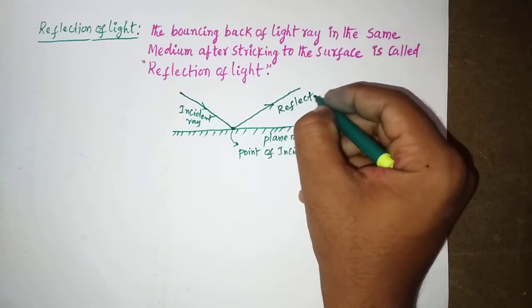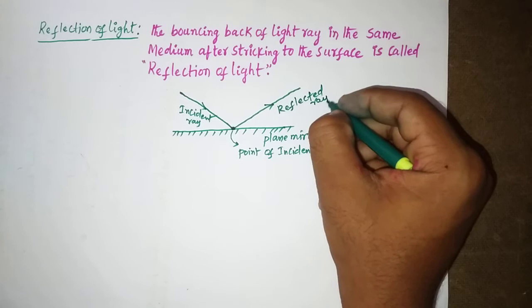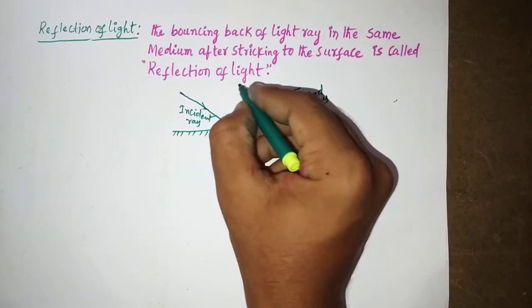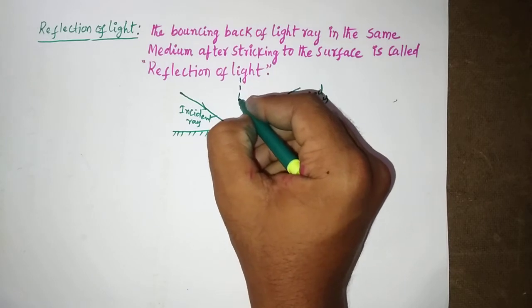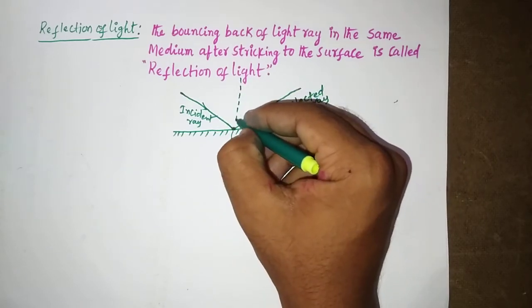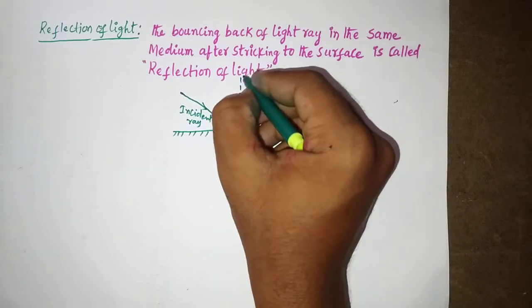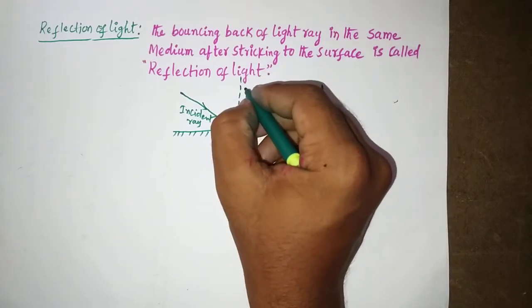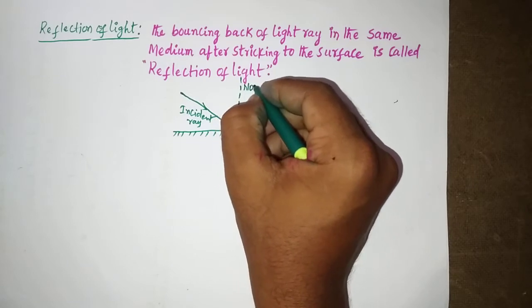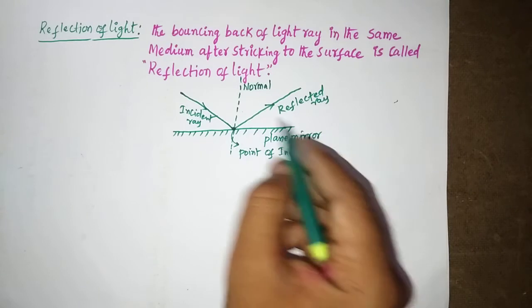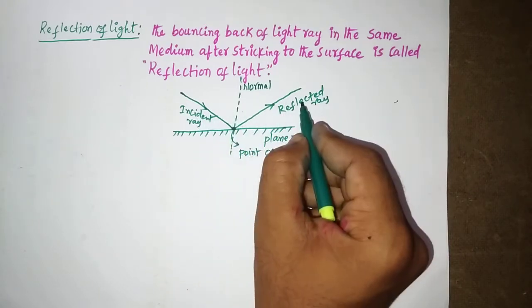In between the incident ray and the reflected ray, we can draw an imaginary line which passes through the point of incidence. This imaginary line is called the normal.